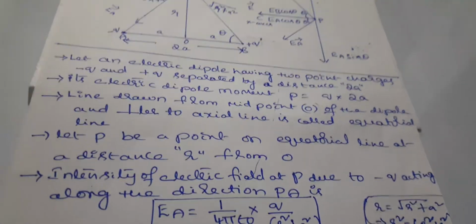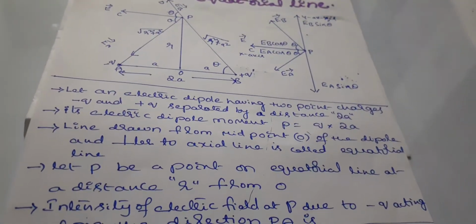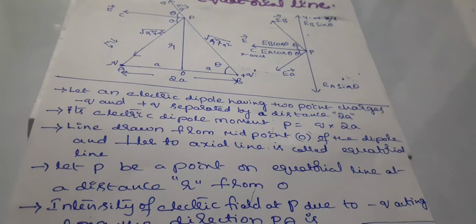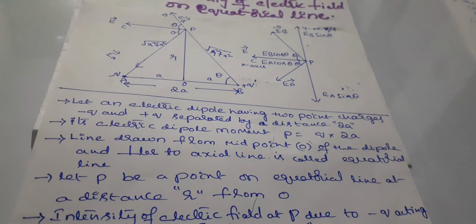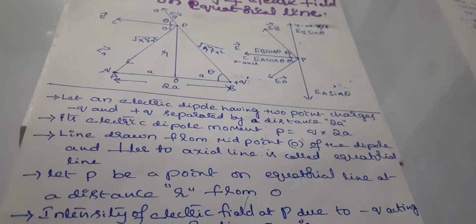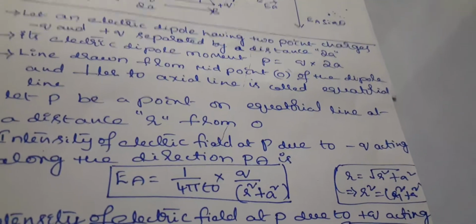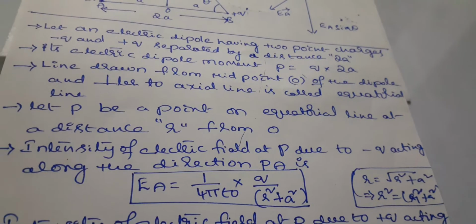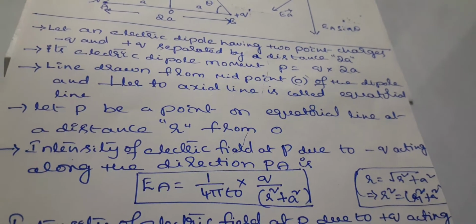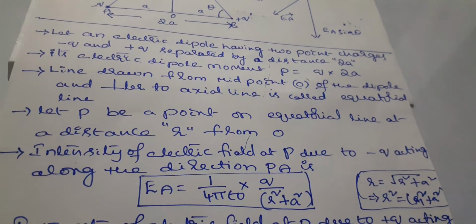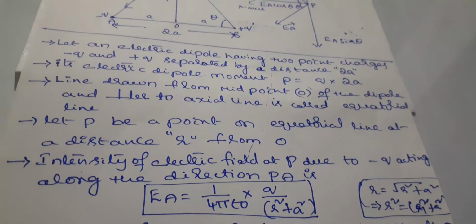Now, at P there is intensity of the electric field which is caused by plus q from B and minus q from A. So the intensity of the electric field at P due to minus q acts along the direction PA.